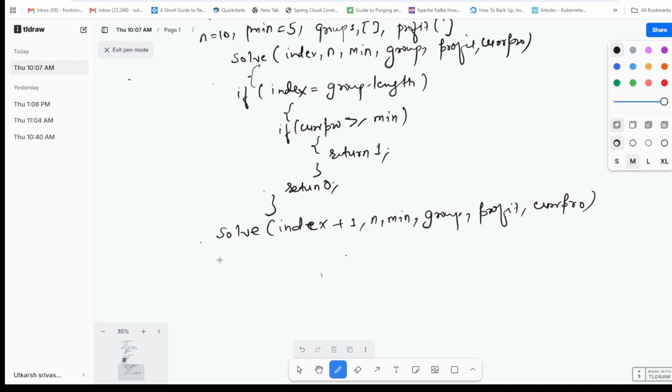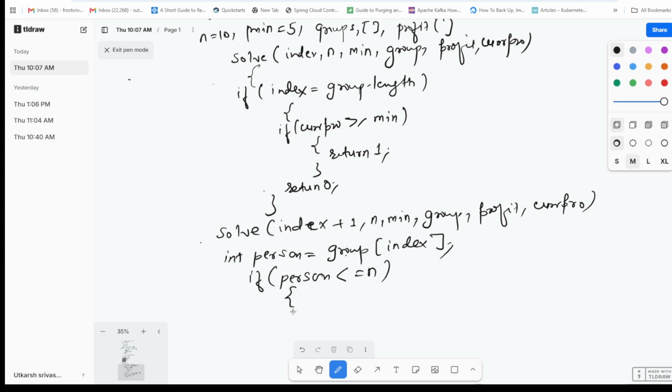And if we take that, then before taking we need to check whether our condition on the maximum number of persons is satisfied, right? So we will take how many persons are required, from group of that particular index, and here we will check whether the persons are less than or equal to n, right?